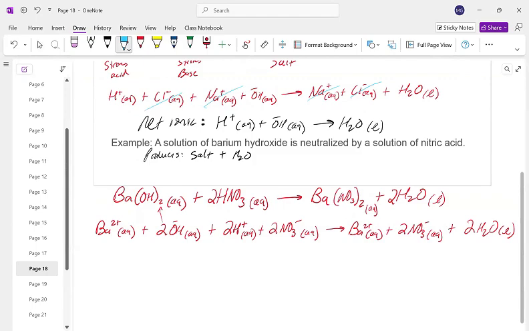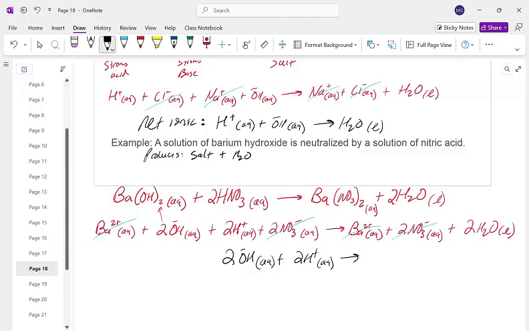And I'm going to cross out what I see is the same. So on the left, there's barium. On the right, there's barium. On the left, there's nitrate and nitrate on the right. And I'm just going to draw what I have left. 2OH minus plus 2H plus makes 2 waters.